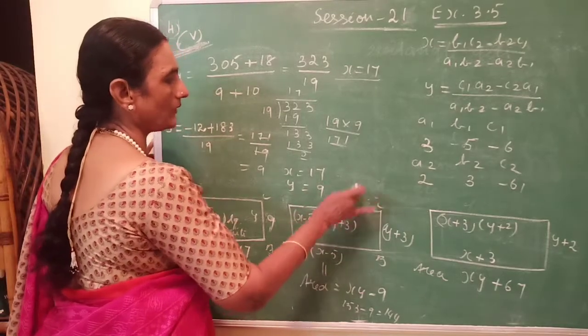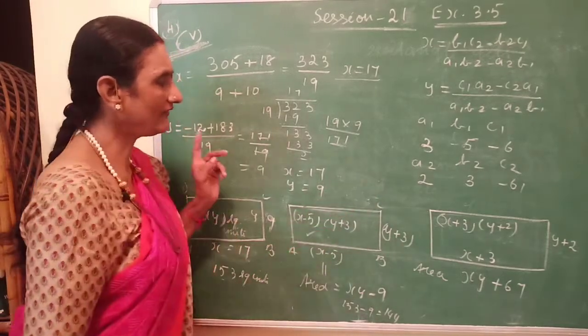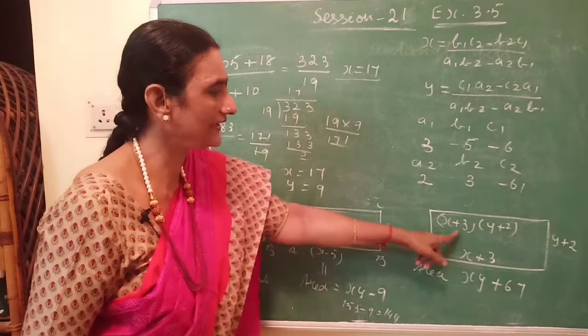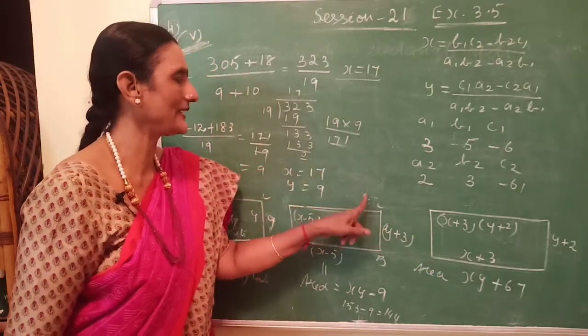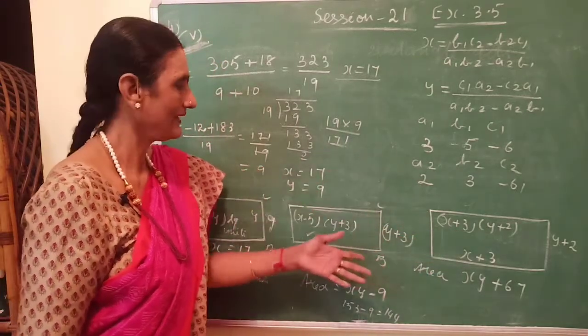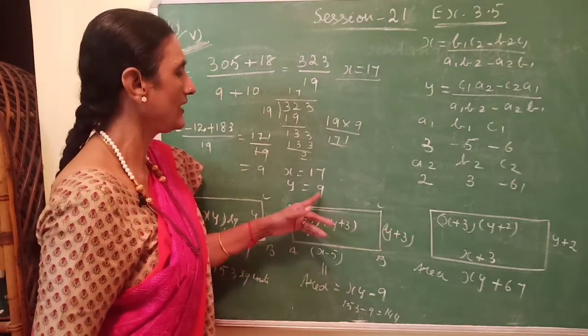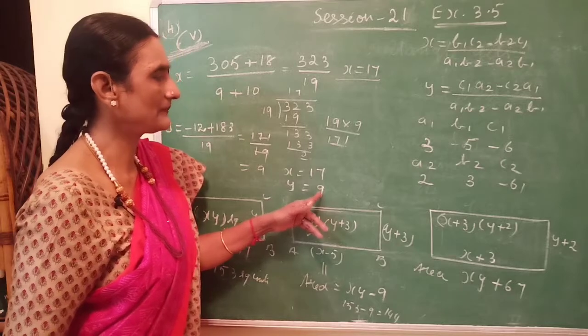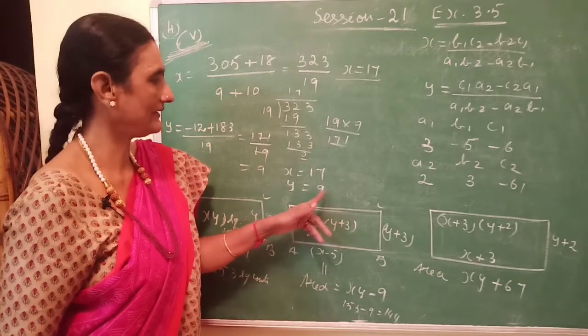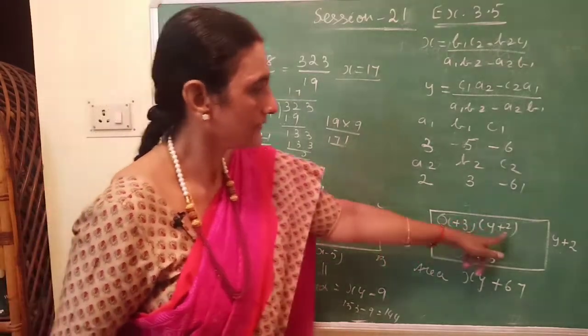Okay, now we'll move on to the third. What did we do for the third? Length we are increasing by 3, so 17 plus 3 gives you 20. And the breadth you are going to increase by 2, so it must be 9 plus 2. What is 9 plus 2?